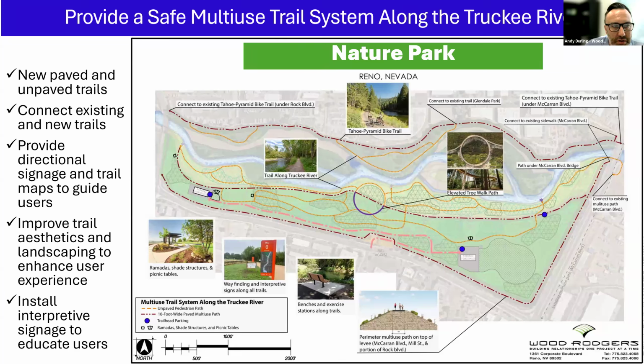So in the nature park alternative, on the main levee on the north side, the Tahoe Pyramid Bike Trail is currently there, so it would just be rebuilt on top of that levee. So it provides that connectivity east to west for the existing Tahoe Pyramid Bike Trail.